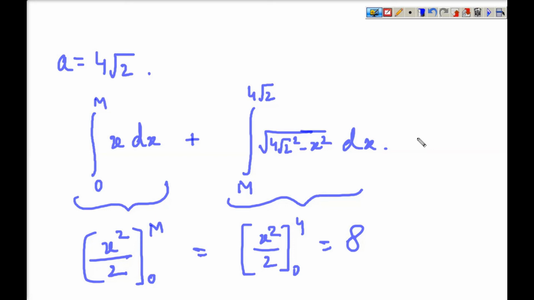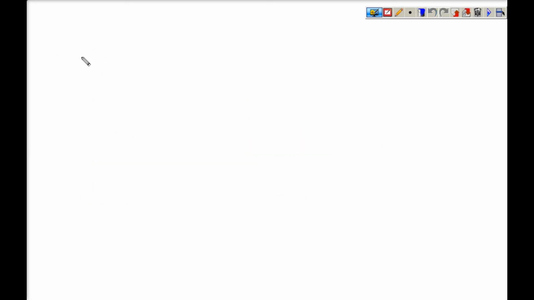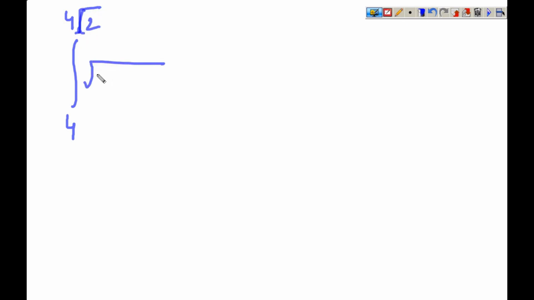Okay, so now we have to find the area of the remaining part. So that is given as the integral of x from 4 to 4 under root 2, and the function is given as square root of 32 minus x squared. It is the same as the previous question.